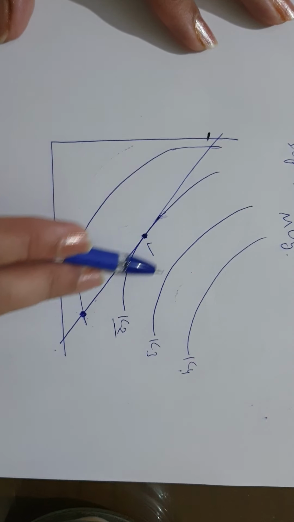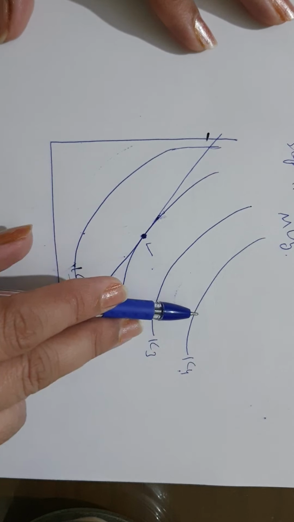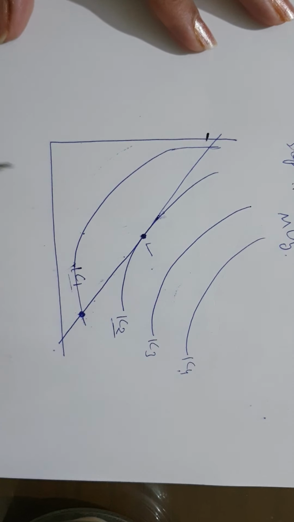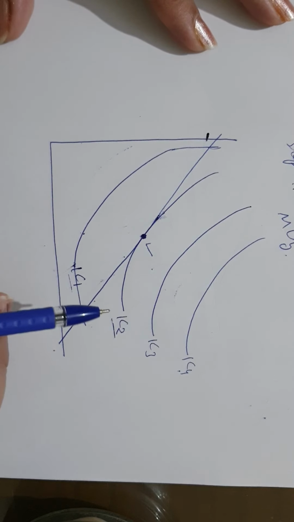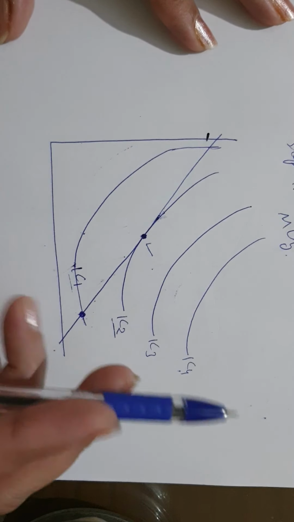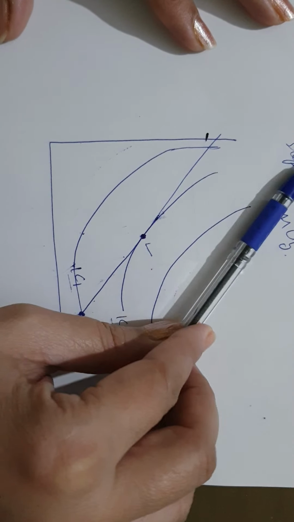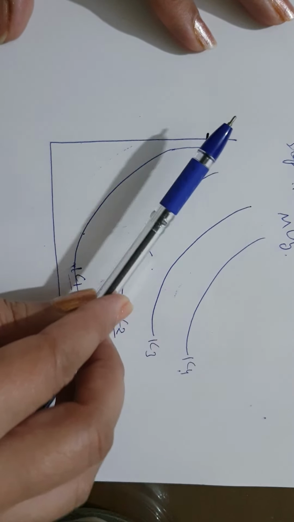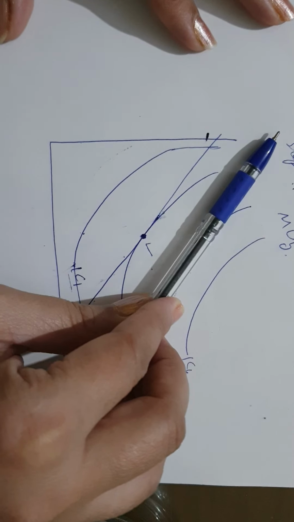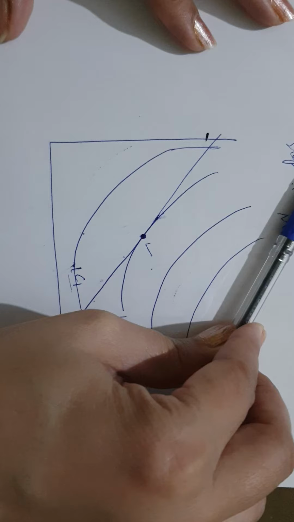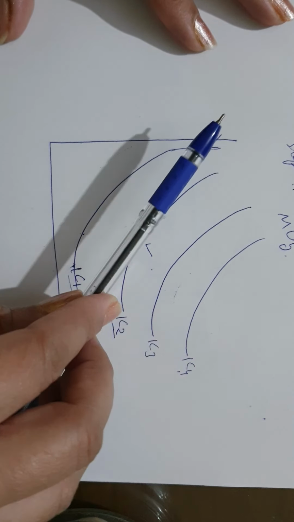There are other indifference curves also which are providing you even more satisfaction, but with given income and given prices of x and y, you cannot buy these combinations. So this is your budget line. All the points above this are the non-feasible area, you cannot buy those combinations.